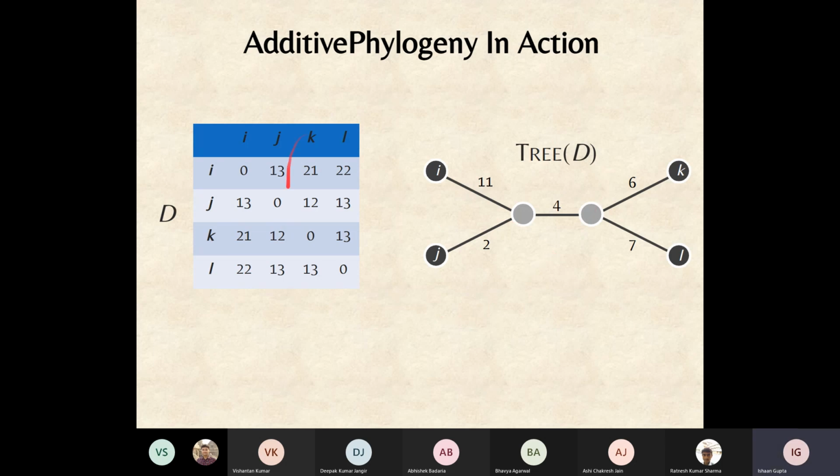Let us say this was your matrix. The minimum limb length for J was calculated to be 2. By applying those formulas that I showed you earlier and solving the linear equations, because J is now absent from the matrix, you just remove J and the length of J from all the distances.